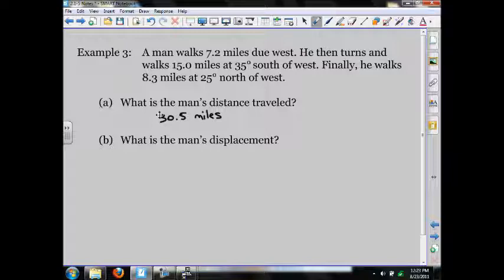So his first vector, we say negative 7.2 x with a hat on it, which we call x hat. And he did not move at all in the y direction. So we're going to split up each vector into its x and its y components. Negative 7.2 x hat plus 0 y hat would represent the first vector.